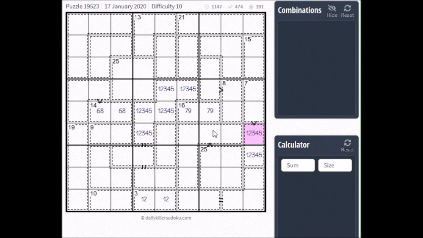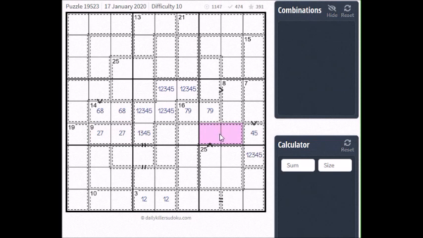Now, if the 1, 2, and 3 are all in these cells, they cannot be there. And that's the whole thing, because the 4, 5 here forces the 9 to be 2, 7. This won't be 2. Now, because the 2 is here, this must include a 1.